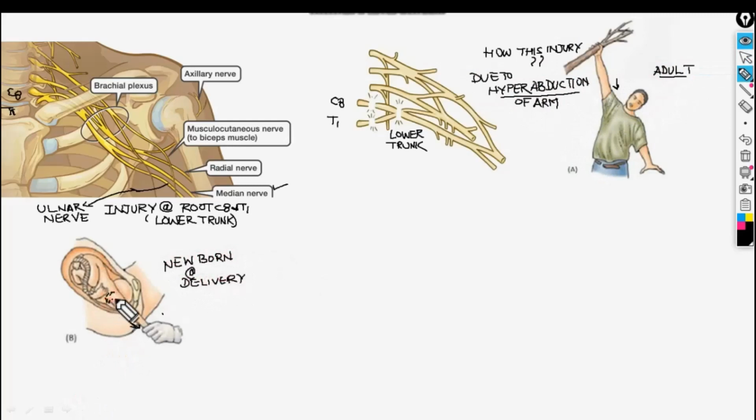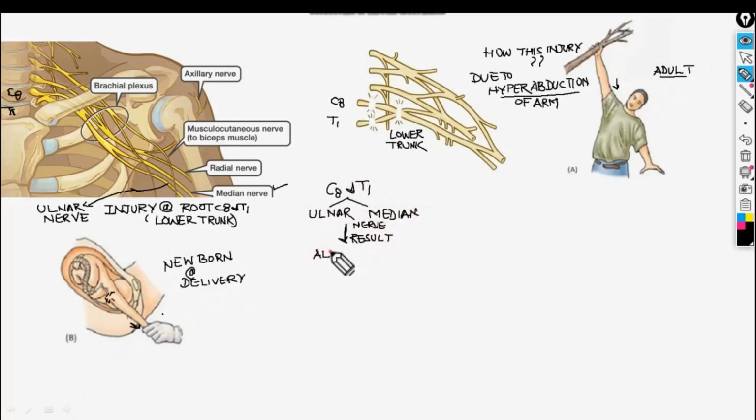In this image you can clearly see the force applied on the forearm. Fibers of C8 and T1 run in the median and ulnar nerves. As a result of this, all the small muscles of the hand are affected.